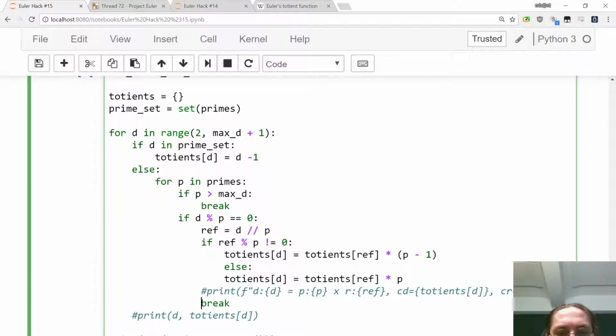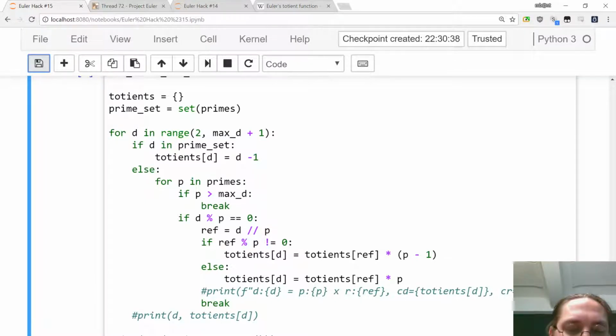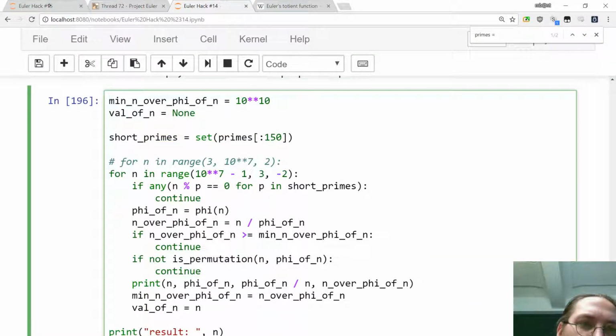So we have a really efficient totient function. I am open to revisiting this, but I don't think today.